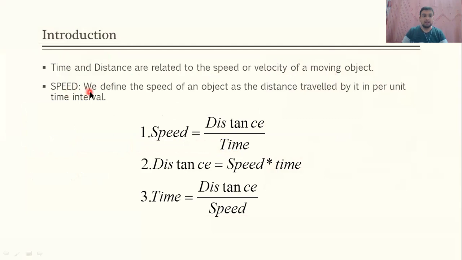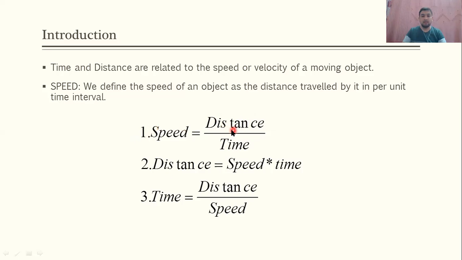Now speed, we define the speed of an object as the distance traveled by it per unit time interval. So basically there are three simple formulas. One is speed is equal to distance upon time. Now I think everybody knows this formula. Okay, this we have already learned in our schools.